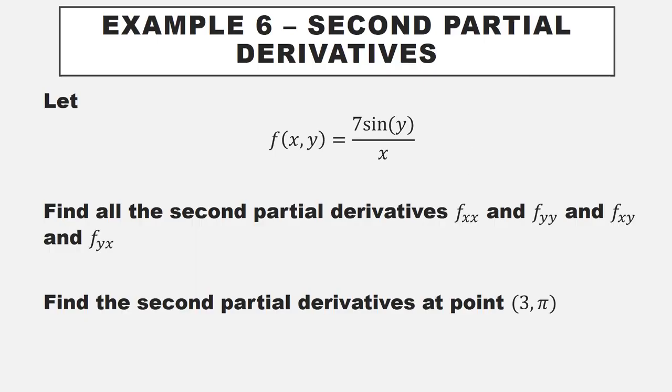Well, since we did the other two functions that we've previously taken the first partial derivatives of, let's take this third function and let's find the second partial derivatives of this third function. And then we can find what those second partial derivatives are evaluated at the point 3 comma pi.